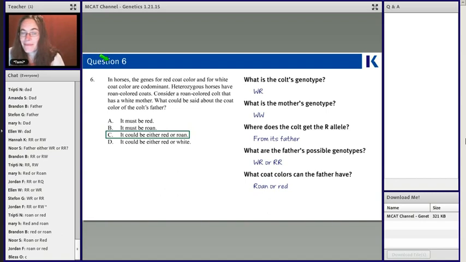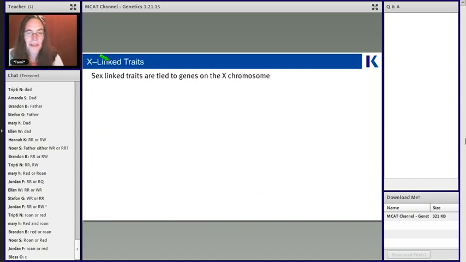Love it. All right, let's look at sex-linked traits. Sex-linked traits are on always and only the X chromosome. Why? Because Y-linked diseases are extremely rare and we will never under any circumstances see them on the MCAT.